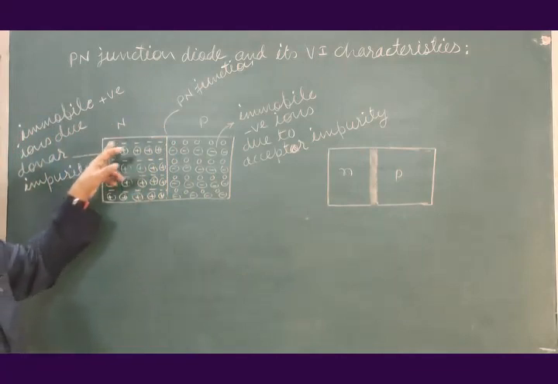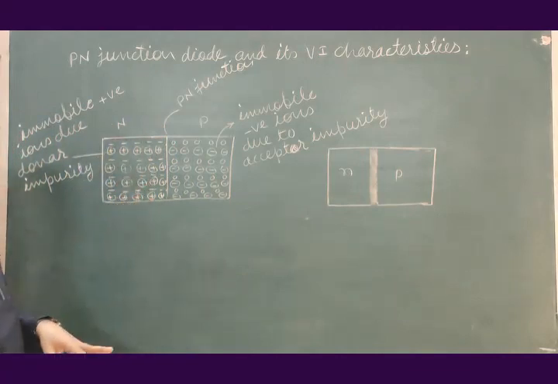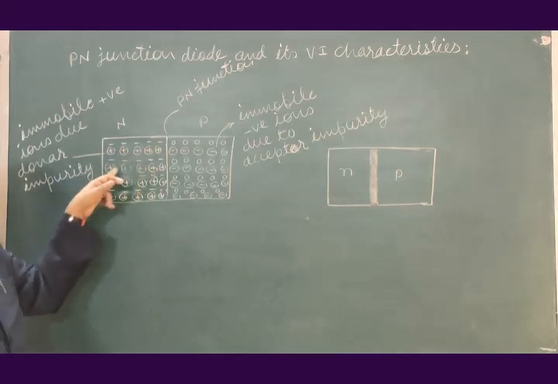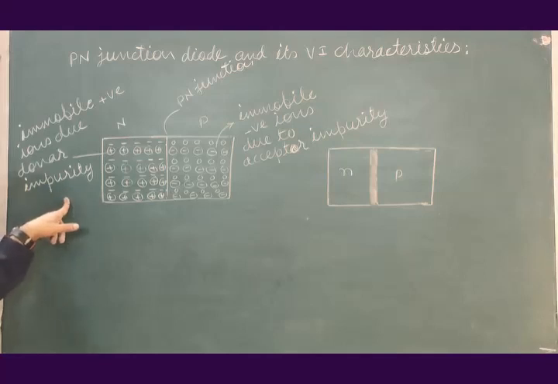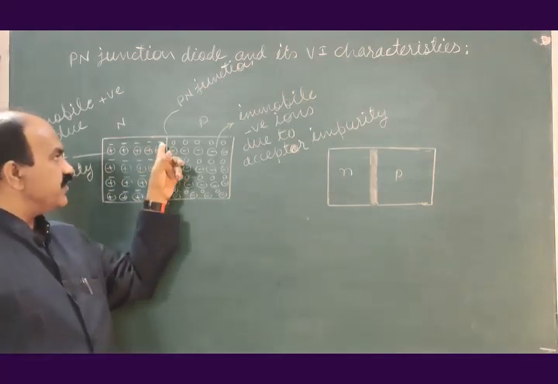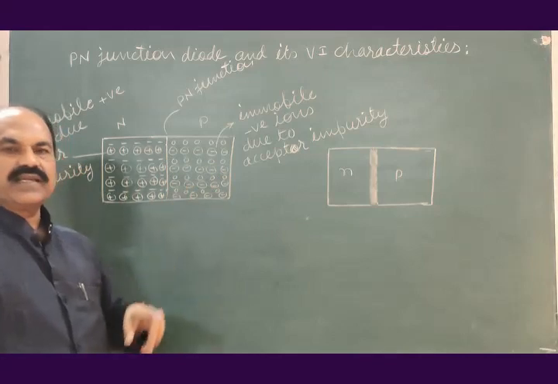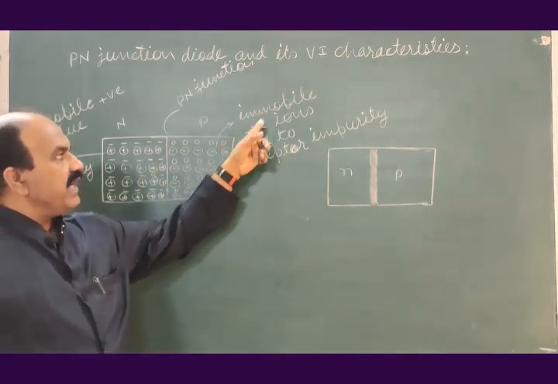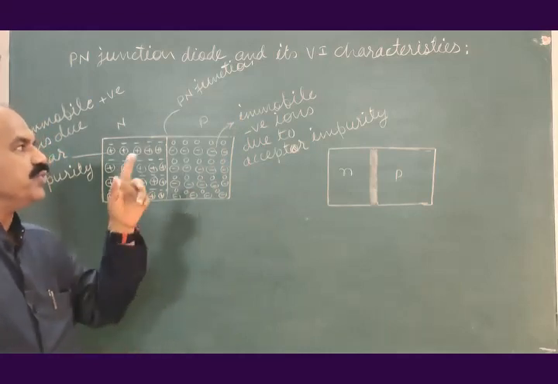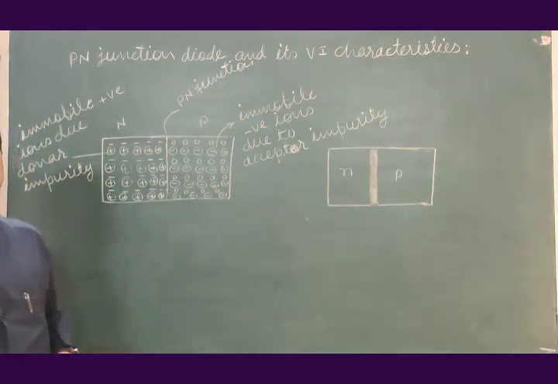N type has free electrons and these are immobile positive ions due to donor impurity. P type has free holes and these are immobile negative ions due to acceptor impurity.